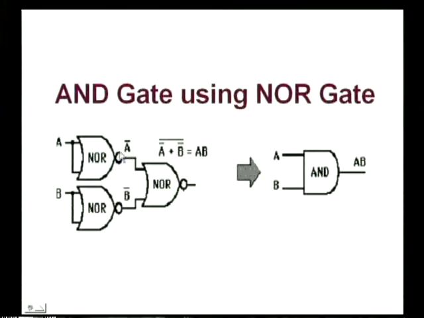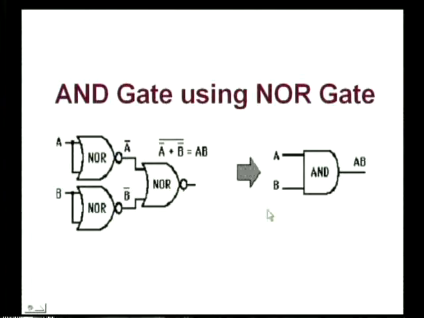These two outputs of these inverters are fed as inputs to the NOR gate. So, given the inputs A bar and B bar, the NOR gate produces an output of A bar ORed with B bar, whole complement. There we get the output as AB. Hence, using the NOR gates, we have achieved the functionality of AND gate. This is how we realize the AND gate functionality using NOR gates.